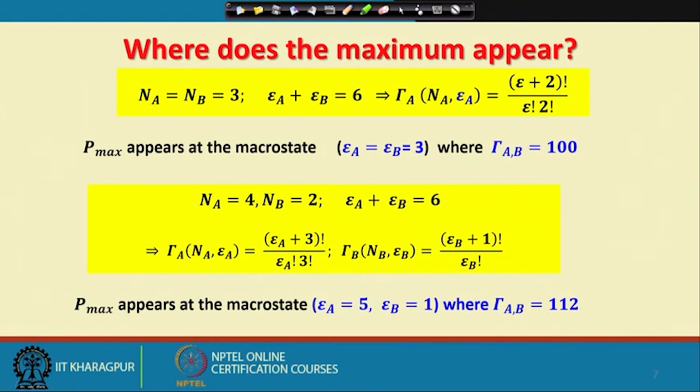So, whatever I have been showing you here, the question is, where does the maximum appear? I find that when I have the symmetric case, the maximum appears at epsilon A equal to epsilon B equal to 3. But when I have an asymmetric case, we have already seen that the P max appears at the macrostate where epsilon A is equal to 5, epsilon B equal to 1, and the associated number of microscopic states is equal to 112.